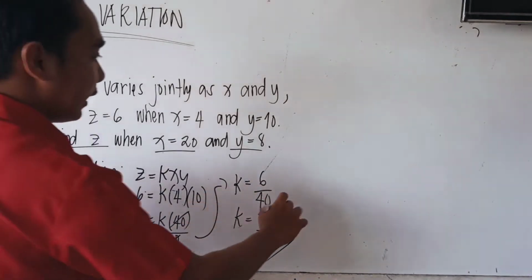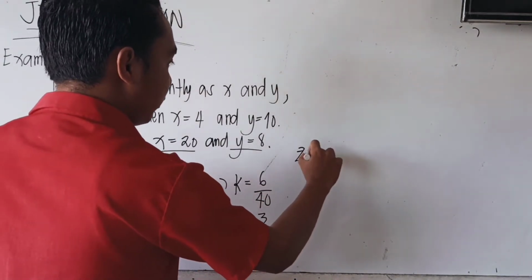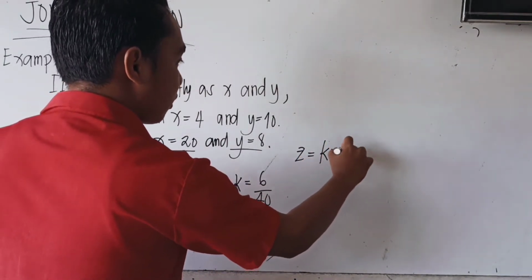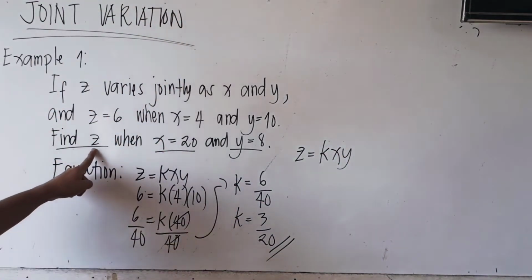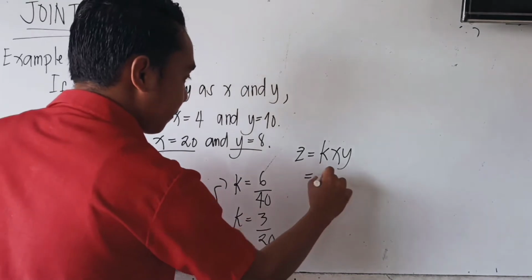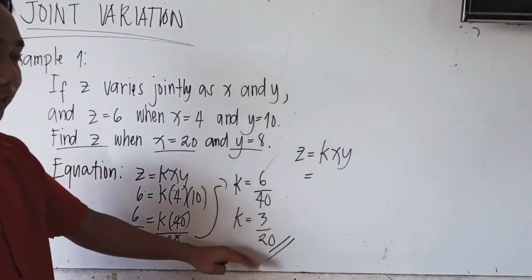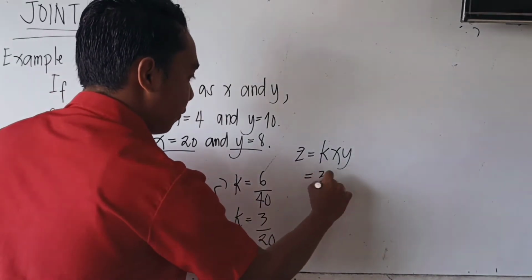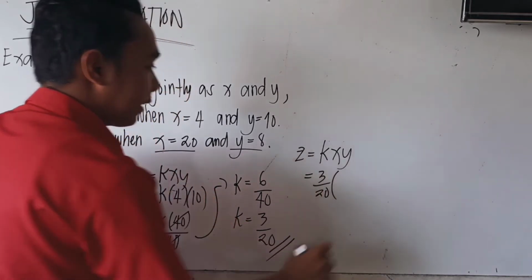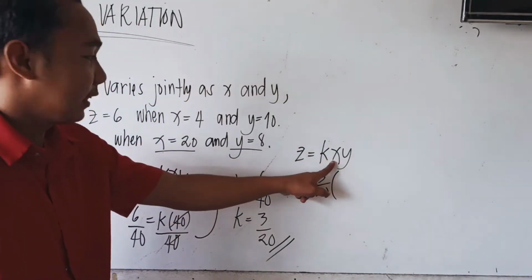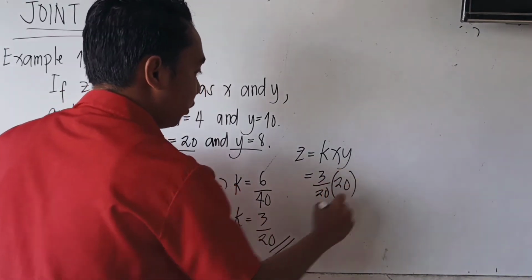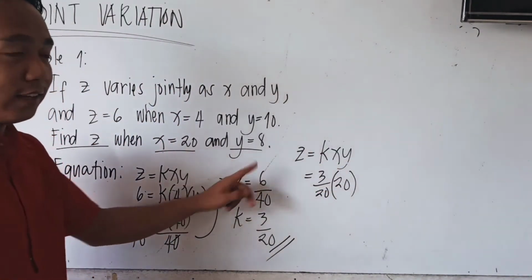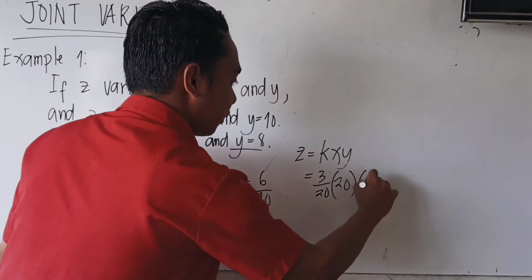Then substitution. Z is unknown. So, yung k natin is 3 over 20 times, this time yung x natin, class, is 20, times yung y natin, 8.